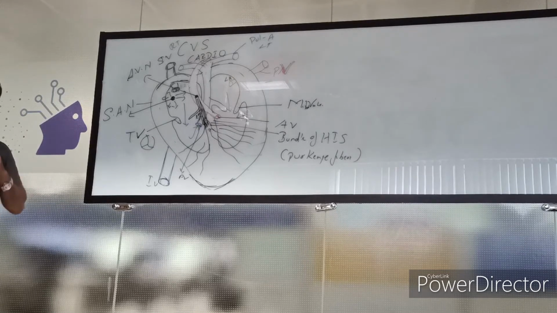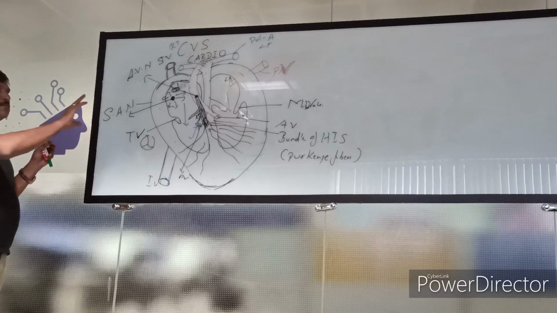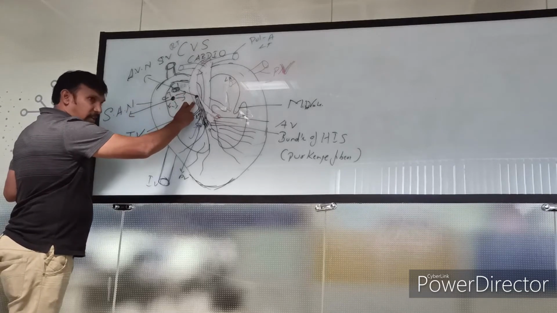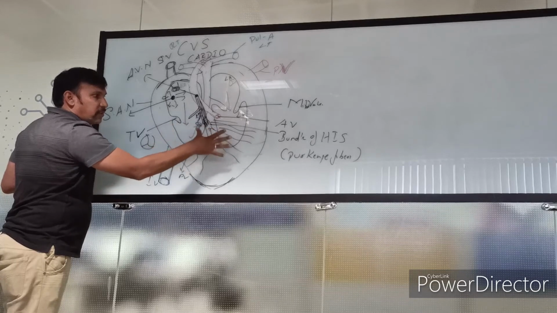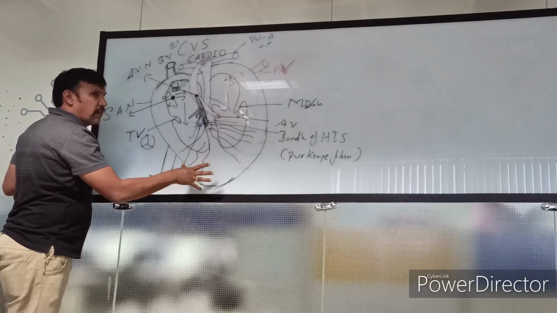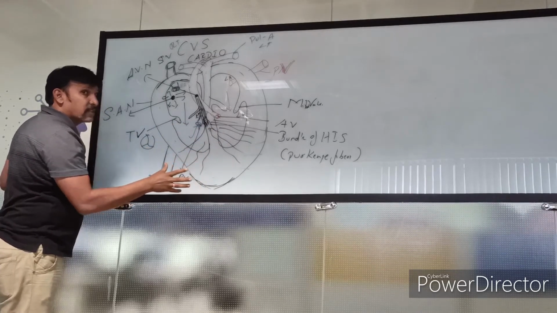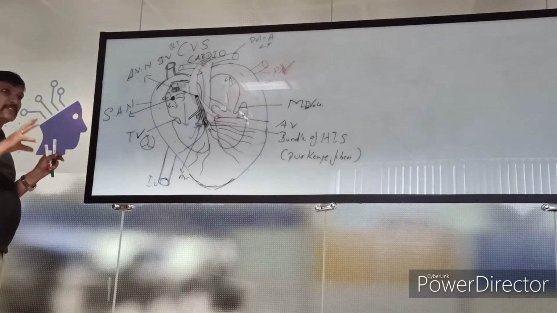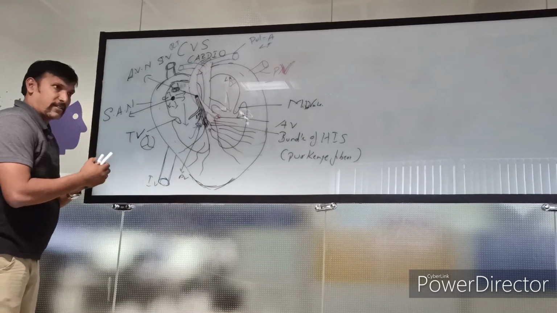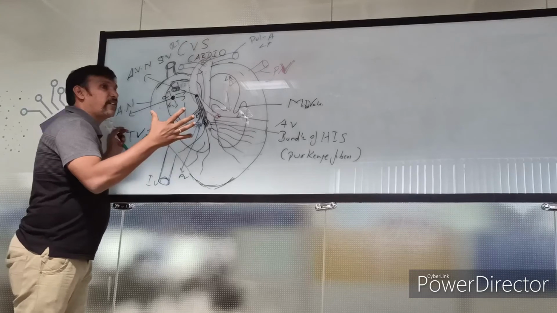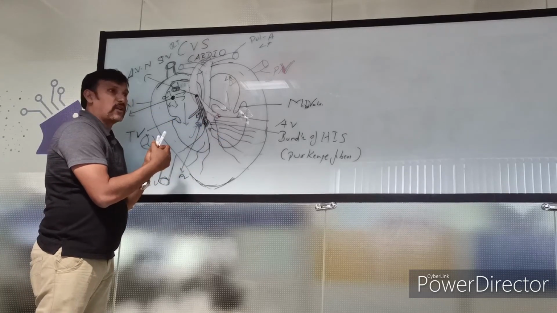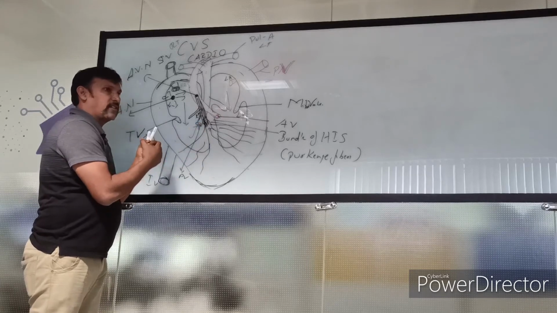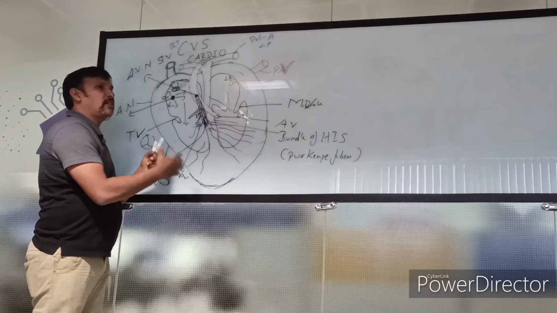After a few seconds, it fires again. So the impulse goes from the SA node to the AV node to the bundle of His, through Purkinje fibers, and stimulates the myocardium. Now what is myocardium? Muscles of the heart. That makes the heart contract. That is how the ventricles contract, your systole happens, and then when the impulse is gone, diastole happens.